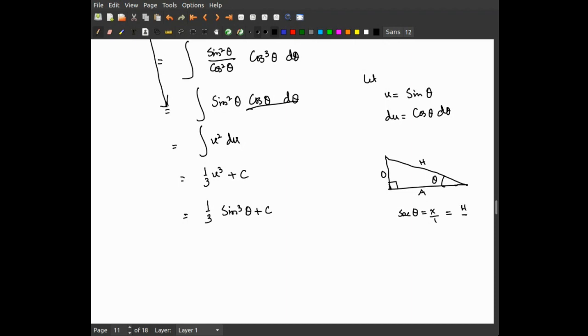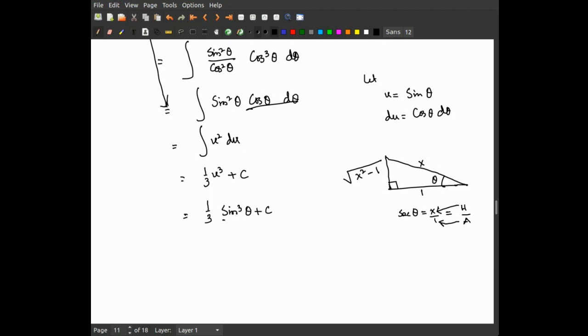So H is this value and A is this value. Let's replace H by x and A by 1. Then we can easily find O. The opposite is the square root of hypotenuse squared minus adjacent squared, so that means the square root of x squared minus 1 squared, which is 1.